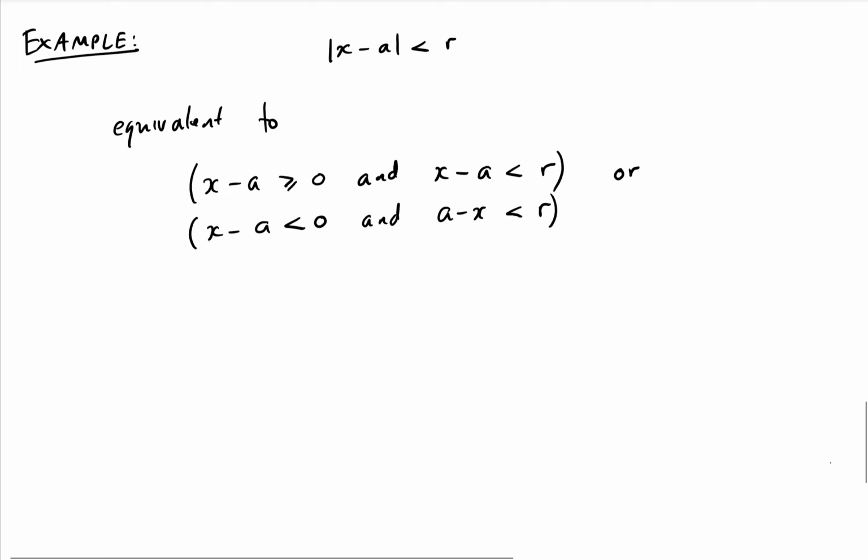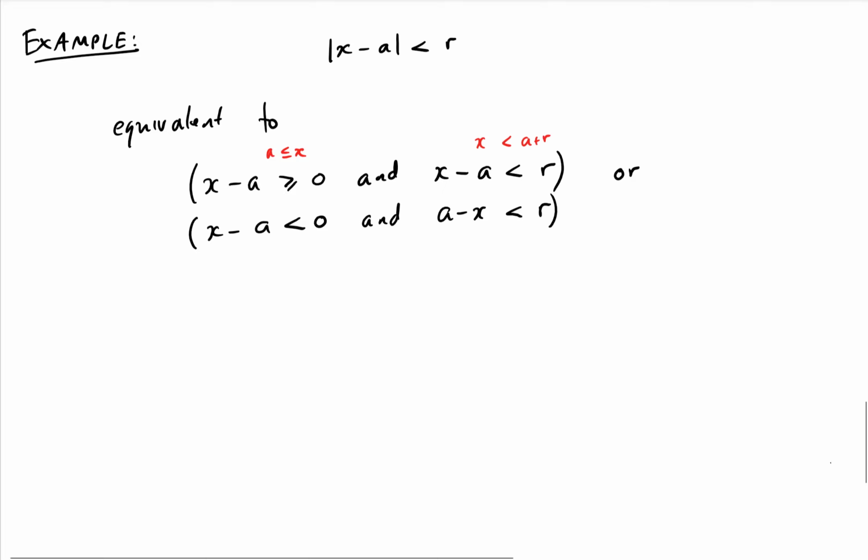Alright, so if we just have a look at this for a second, what does this say? The first part, if we just rearrange our inequality, we get a is less than or equal to x from this piece. And we'll make this one about x as well: x is less than a plus r. And down here, we have the opposite.